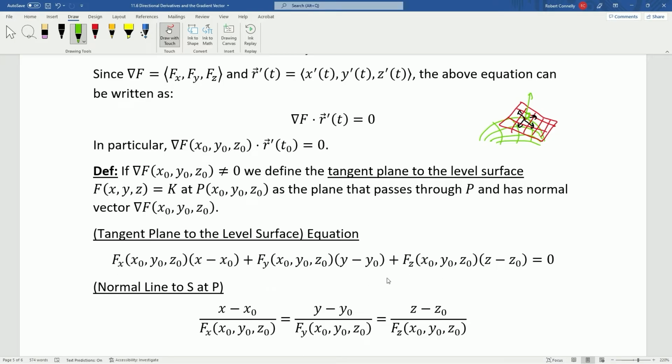The tangent plane to the level surface equation is just the dot product of the gradient of f times x minus x naught, y minus y naught, and z minus z naught.